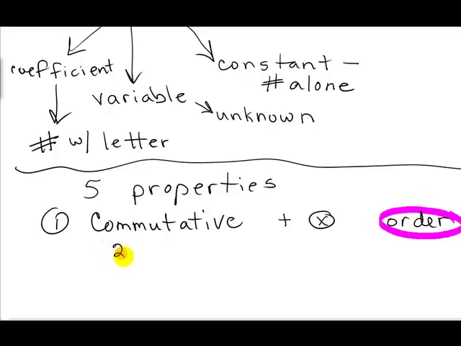If I have 2 plus 3, I know that 2 plus 3 equals 5. If I reverse the order and say 3 plus 2, those also equal 5. The commutative property says it doesn't matter what order we add or multiply, we're still going to come up with the same number.